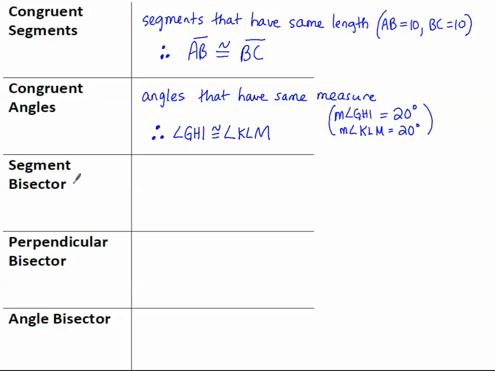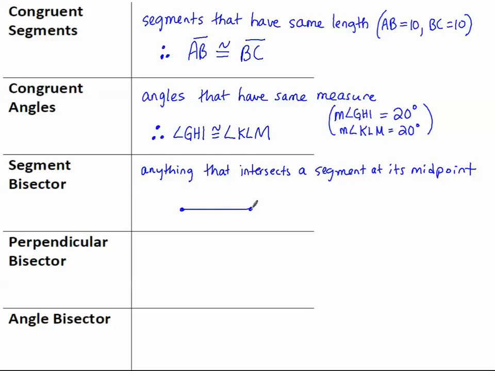Segment bisector. Anything, basically, a point, a line, a ray, that intersects a segment. Remember, intersect means crosses, intersects a segment at its midpoint. Maybe you draw yourself a picture to have a visual about what that looks like.